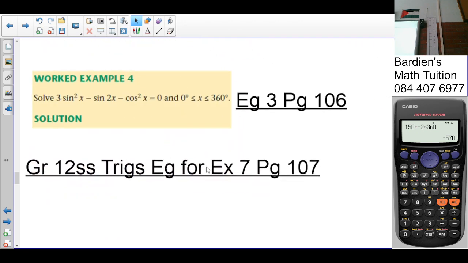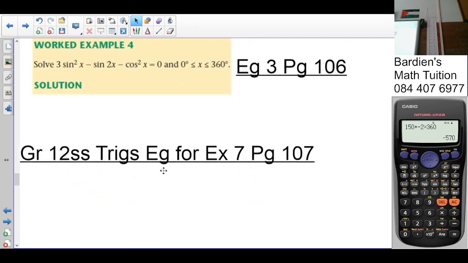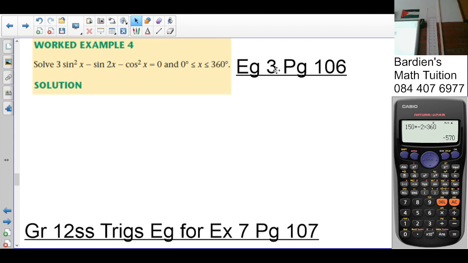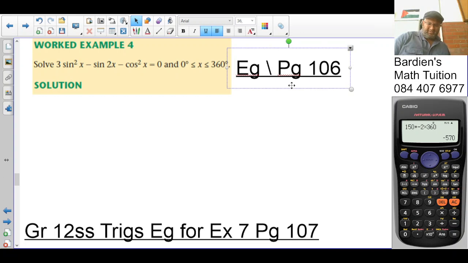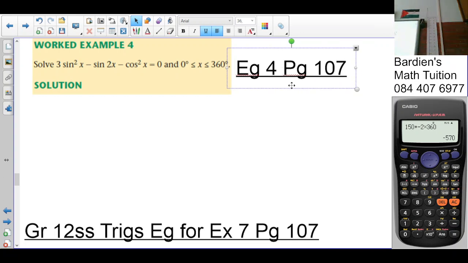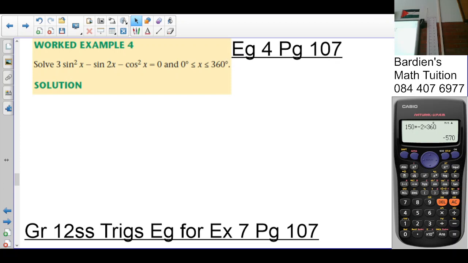So the next one here is example 4, and example 4 is on page 107. In example 4, we are told that 3 sine squared x minus sine 2x minus cos squared x is equal to 0, where x is greater than or equal to 0, but less than or equal to 360.